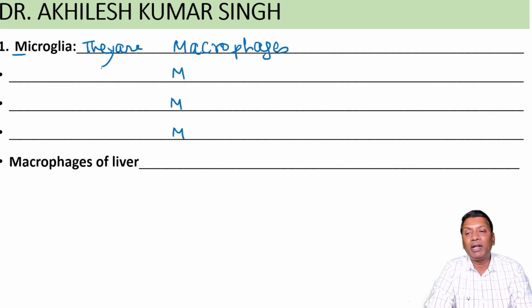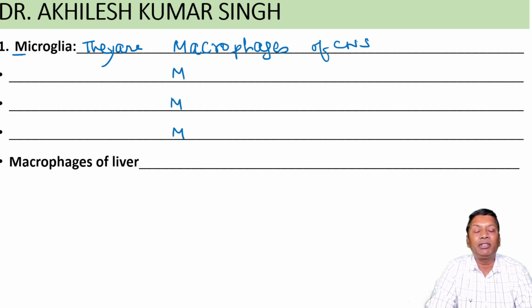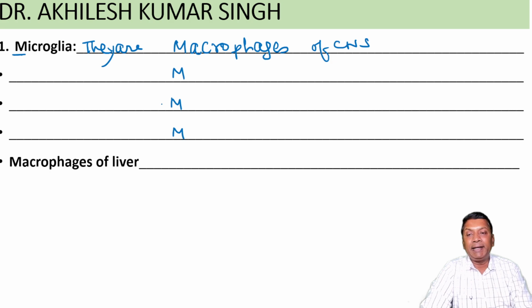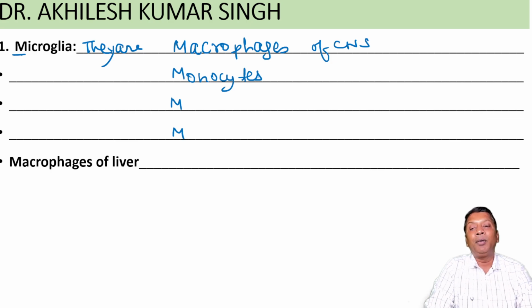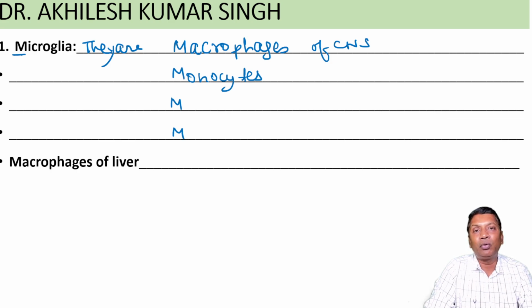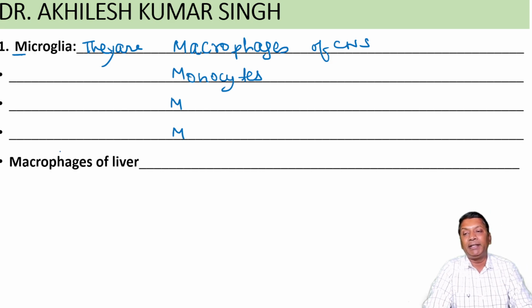The microglia are the macrophages of the central nervous system. The second M stands for monocytes. Macrophages are derived from which WBC? The macrophages are derived from monocytes. Therefore, the microglia are also derived from monocytes.